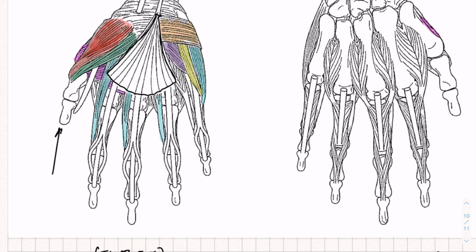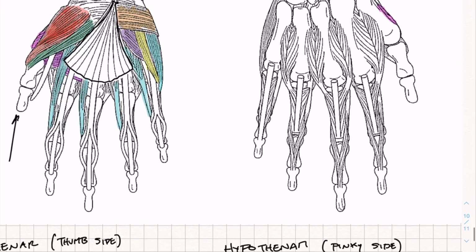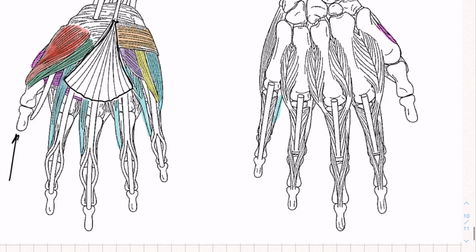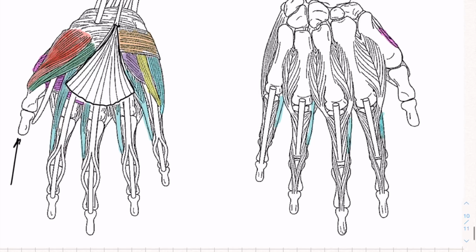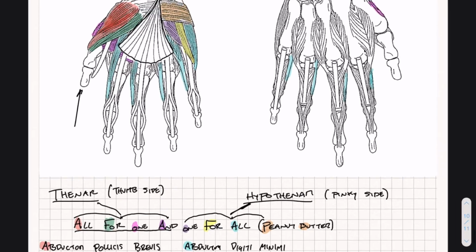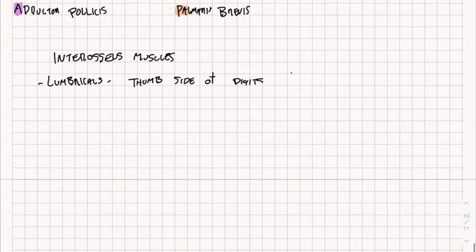So here's all of our lumbricals. Then you can also kind of see them over here as well. Okay, so there's 4 lumbricals. 1, 2, 3, 4 lumbricals. Okay, and they're on the thumb side. So sometimes these will be called the thumbricals, to remember where they reside in the hand and what side of the fingers.